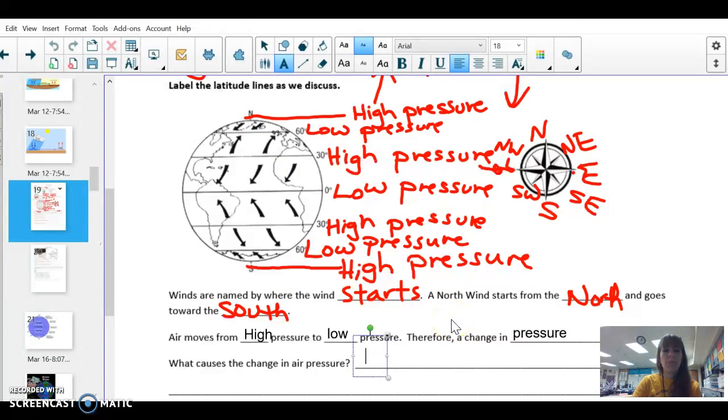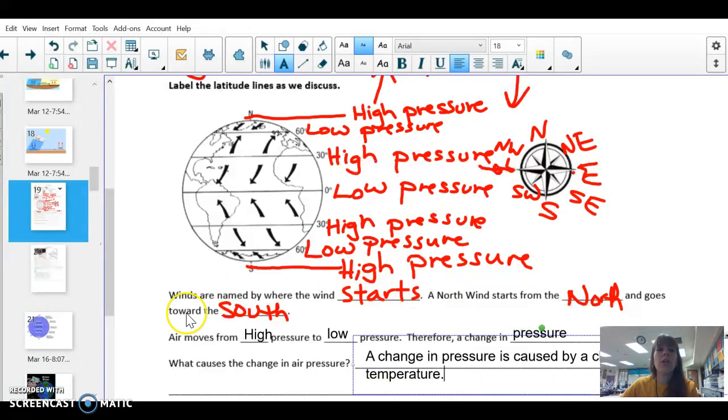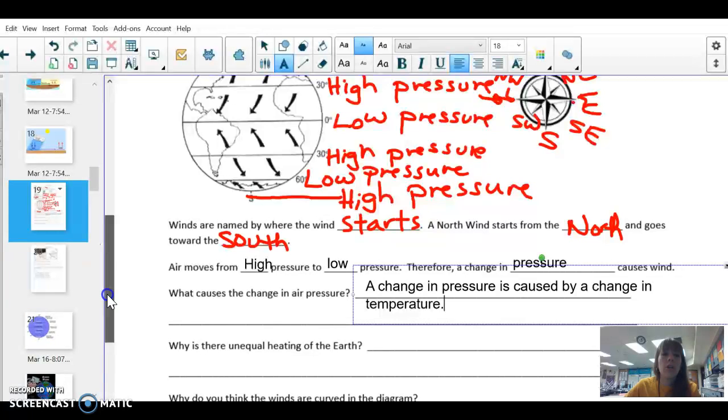So, a change in pressure is caused by a change in temperature. If the temperature did not change, then the pressure wouldn't change. But since our Earth is constantly changing temperatures, our Earth is also constantly changing pressures.